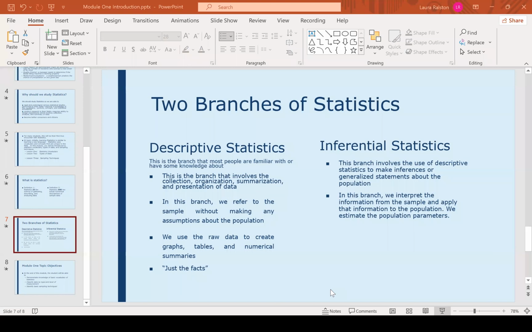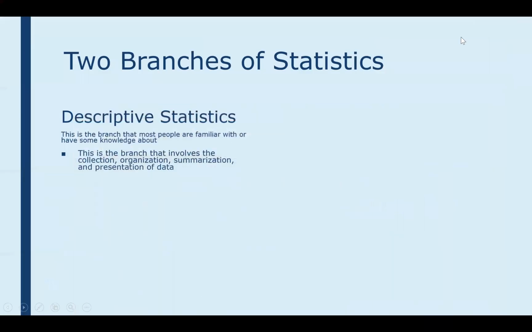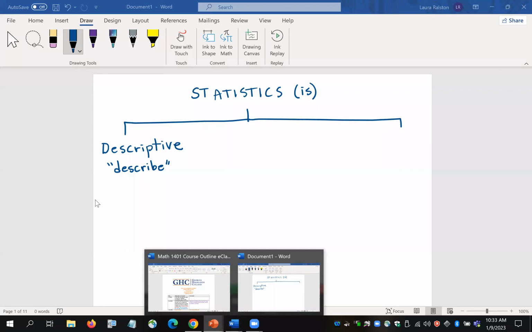So the descriptive statistics, again, is where we think about creating those pretty tables, graphs, numerical summaries, and it's just the facts. We're stating just the facts. So let me go back over here to my paper. So again, we're describing.